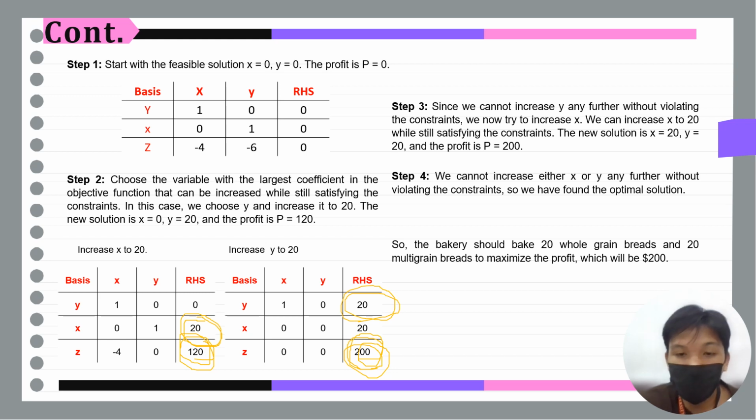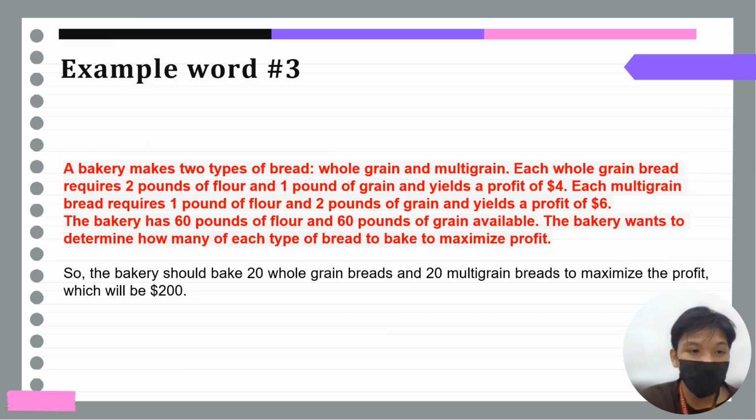Our problem earlier was a bakery makes two types of bread, whole grain and multigrain. Each whole grain bread requires 2 pounds of flour and 1 pound of grain and yields a profit of $4. Each multigrain bread requires 1 pound of flour and 2 pounds of grain and yields a profit of $6. The bakery has 60 pounds of flour and 60 pounds of grain available.